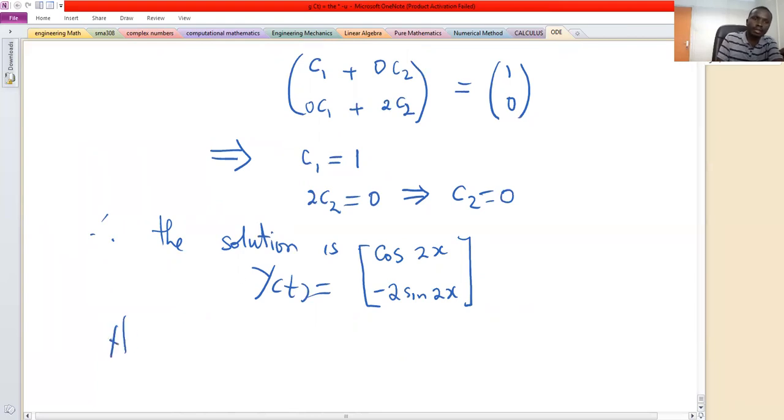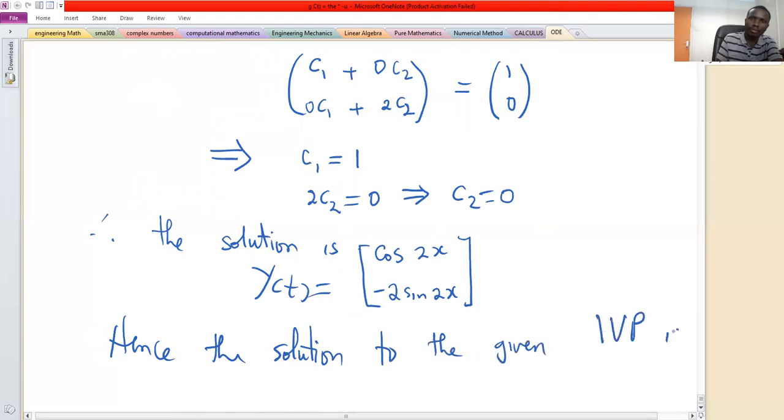Hence the solution to the given initial value problem is y of x. Remember, we take the first row: cosine of 2x. The second row is just the derivative of the previous, the derivative of the function. So this is the solution to the given problem. Thank you.